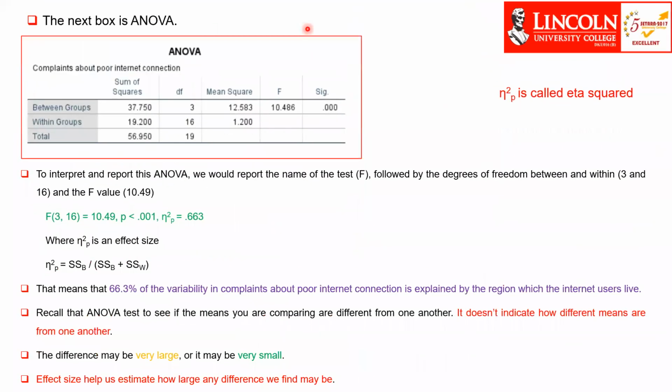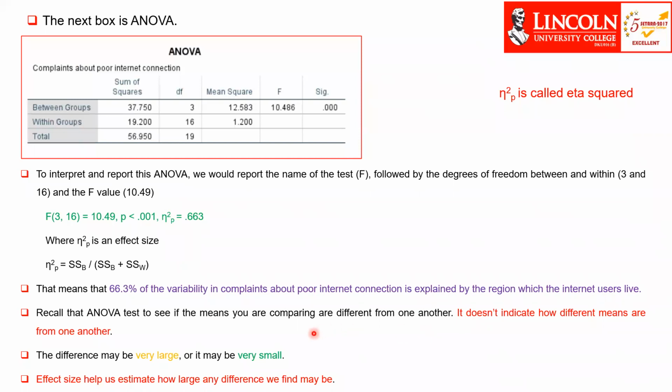From this place, if you look at this place, we have our within and our between sum of squares. And from this effect size, we find out that 66.3% of the variability in complaints about poor internet connection is explained by the region in which the internet users live.